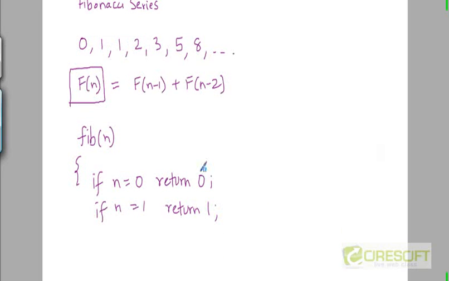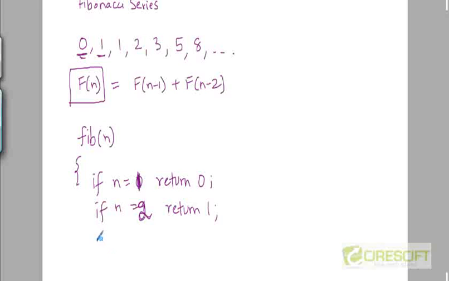Okay, let's actually call this 1 and 2. The first Fibonacci number is 0. The second Fibonacci number is 1. So this is the first Fibonacci number, and this is the second one. Now, if n is neither 1 nor 2, and if it's greater, I'm assuming that n is positive here.